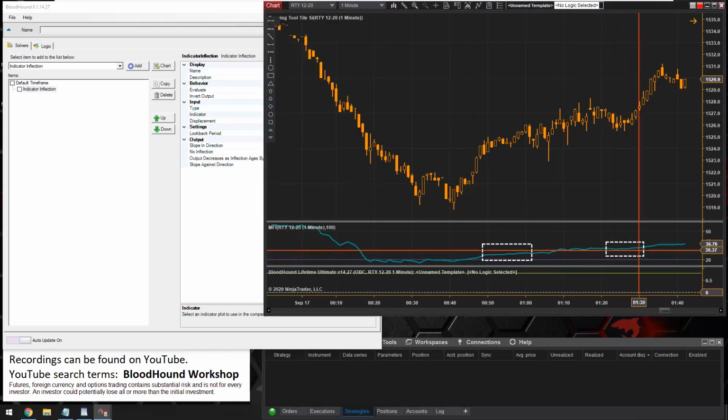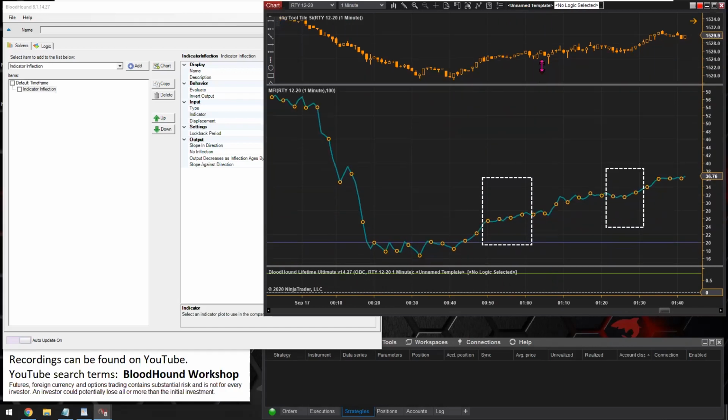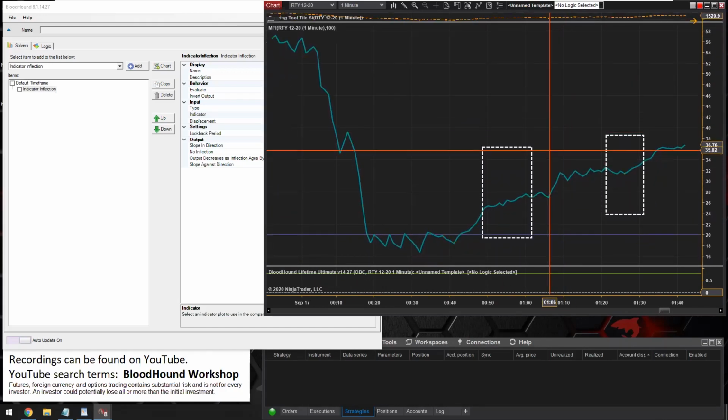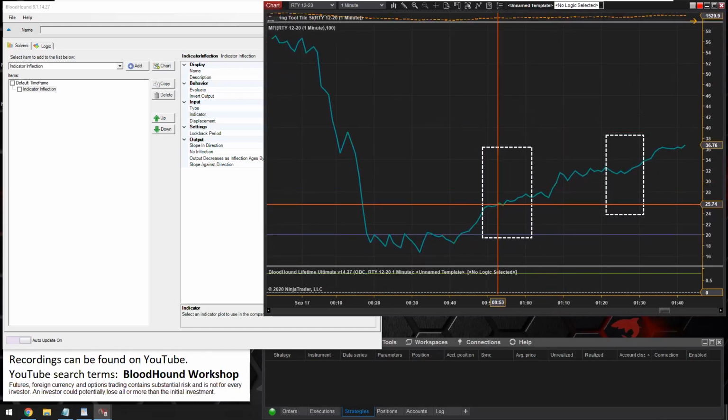In these squares here, I've circled areas that look kind of flat, or at least sloping up slightly, right? There does not look like there would be any inflections on this MFI indicator. However, if you expand this up, you will see that actually there are little tiny micro inflections in here.